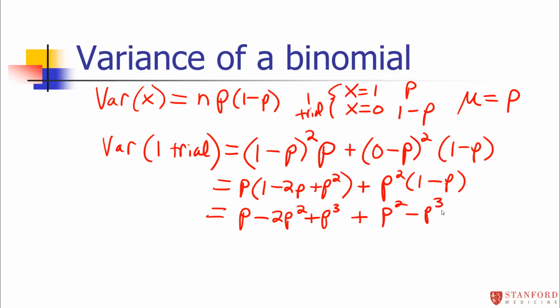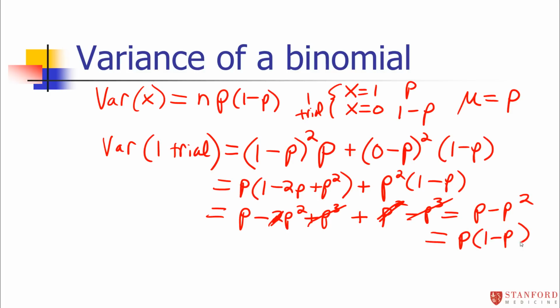Now the p cubes look terrible and awful, but the nice thing is you'll notice that the p cubed terms fortunately cancel out, and the p squareds combine. So we've got p squared minus 2p squared, which becomes a single minus p squared. So this simplifies down to p minus p squared. Another way to write that is p times 1 minus p.